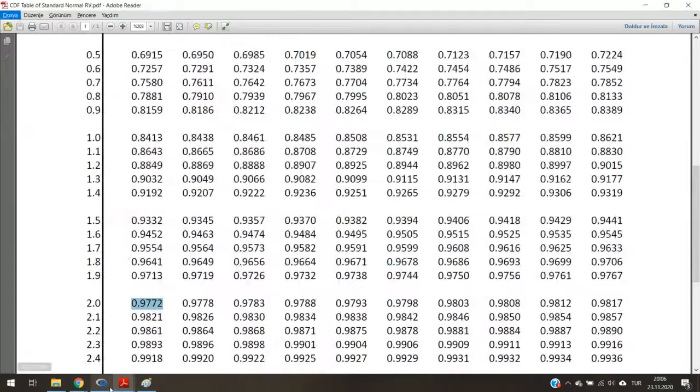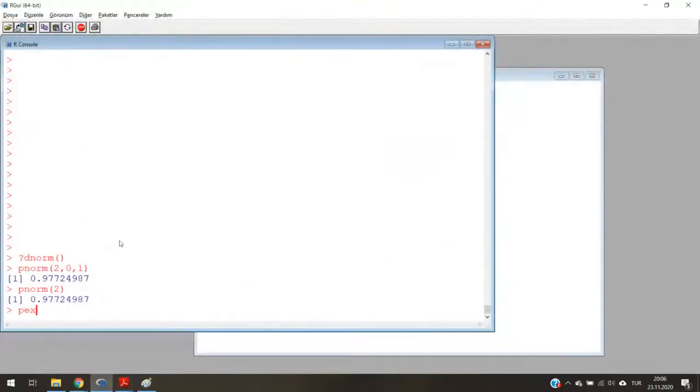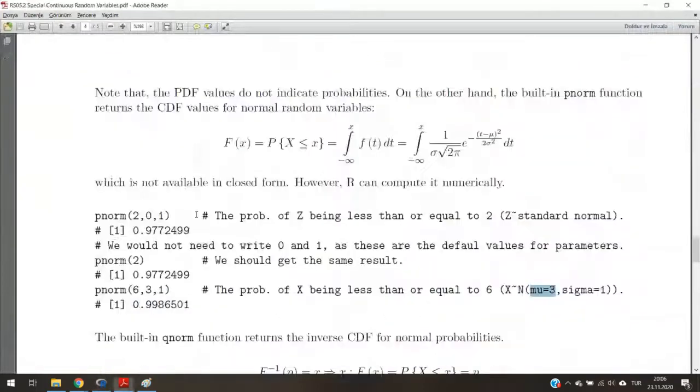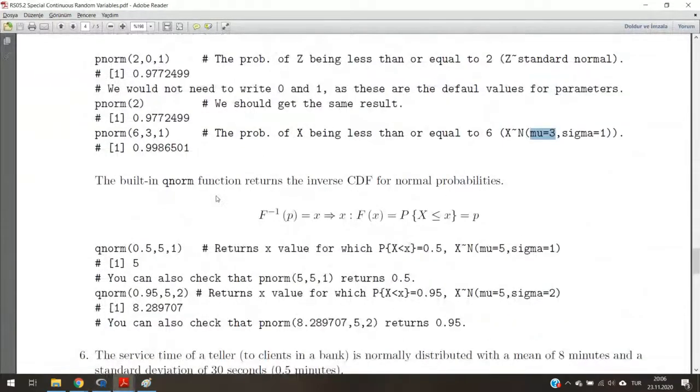So this time, what you need to do is calculate the cumulative probability at 6 with location parameter equal to 3 and scale parameter equal to 1, and you are going to get this answer, 0.9986. So all probabilities related to normal random variables can be calculated using this pnorm function. In fact, in the next question, we will practice it.